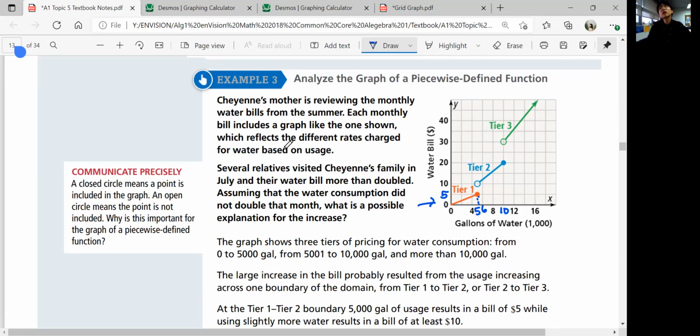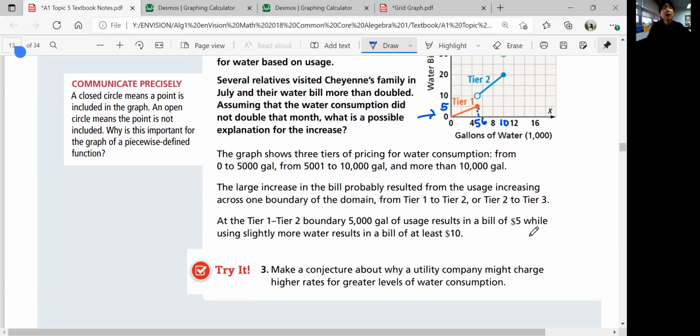And if you're using a lot more water than you're supposed to, then the water that you spend for extra is going to be charged more. It's going to be more expensive than what you really need. Okay, and it could help encourage people to save water by that.